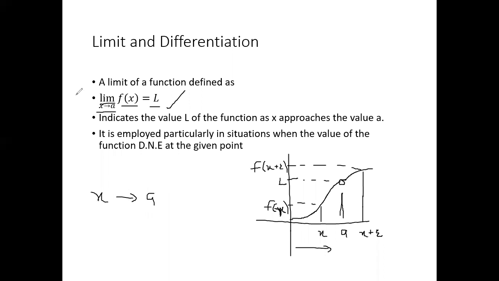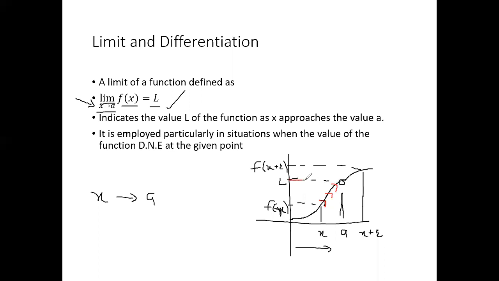As x approaches a certain point a, we want to investigate the behavior of the function. So what is the nature, or where is the function headed when we are heading to a? You see that the value of the function seems to be rising and rising and rising till we get to a certain value.